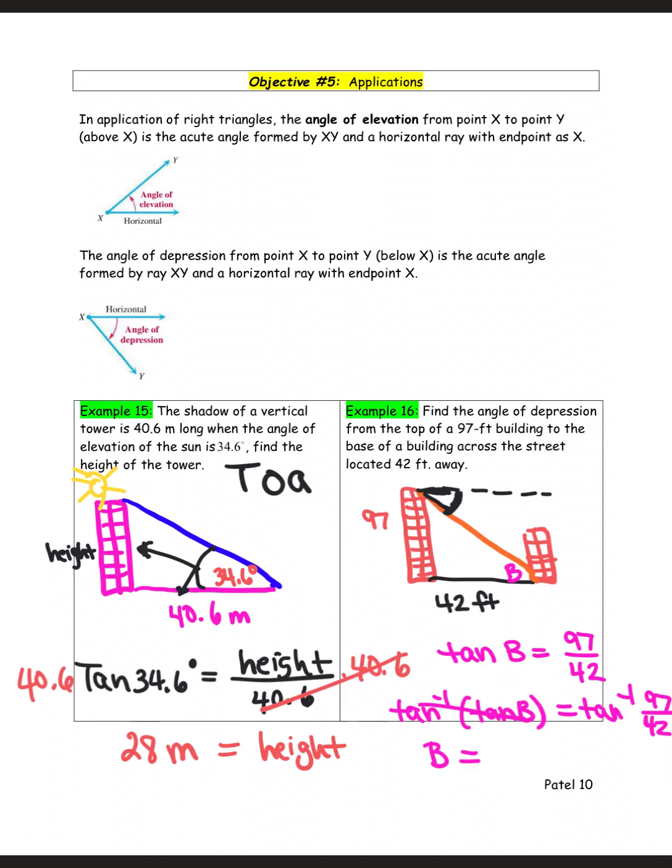We hit second tan to get the inverse symbol, then 97 divided by 42, and that tells me the angle, which is about 67 degrees. So we know B is 67 degrees. Our angle of depression and angle B are alternate interior angles, and hence our angle of depression is also 67 degrees.